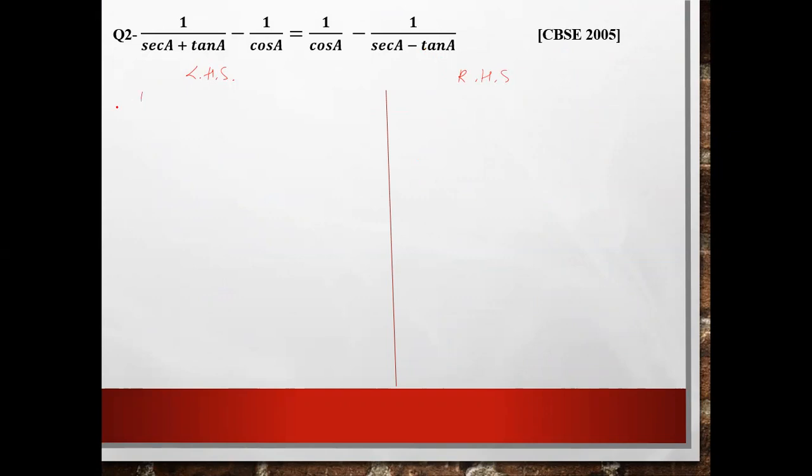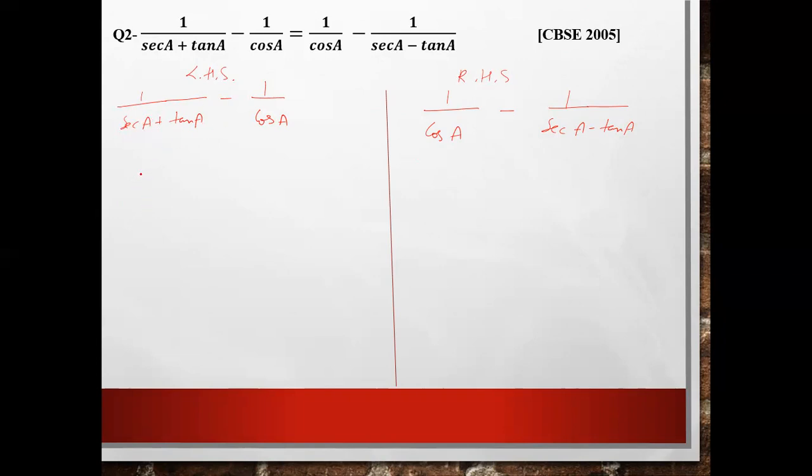We're given LHS: 1 upon sec A plus tan A minus 1 upon cos A. All right. Similarly, we have RHS as 1 upon cos A minus 1 upon sec A minus tan A. All right. So, 1 upon sec A plus tan A minus 1 upon cos A. What I'll just do over here, I'll just take a conjugate of this term.